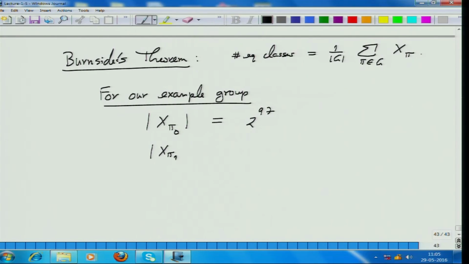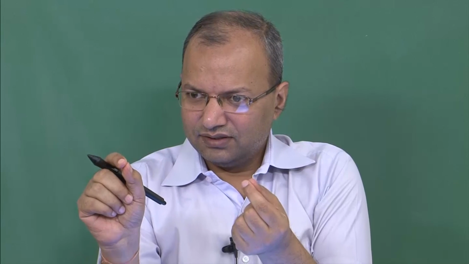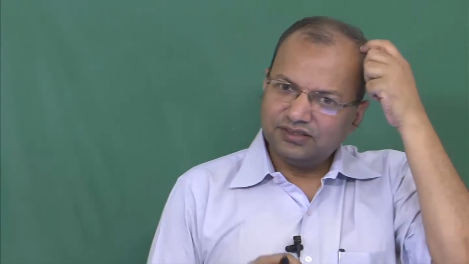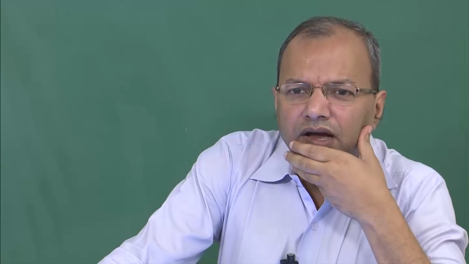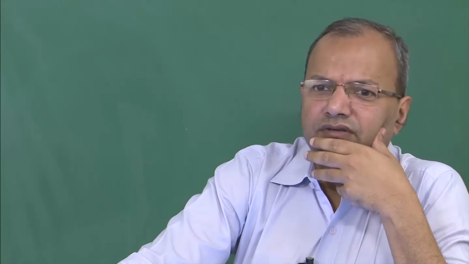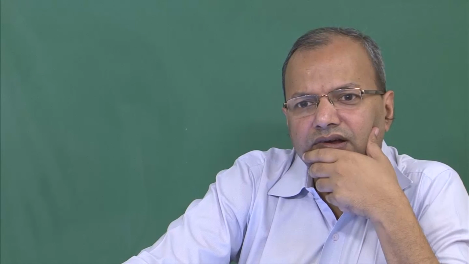How about x pi 1? Pi 1 sends one vertex to the next one, and next and next and next. How many colorings would be preserved by pi 1?